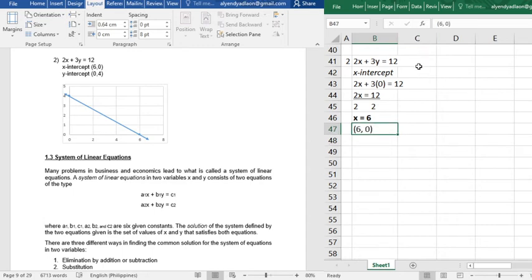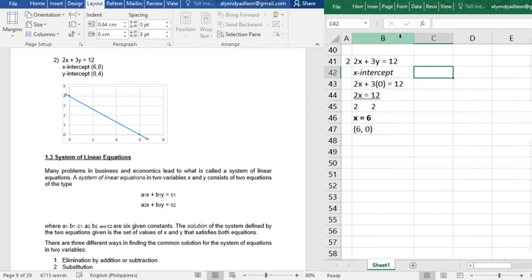Now to solve the y-intercept, we have 2 times 0 plus 3y equals 12. 2 times 0 is 0, so we now have 3y left. So 3y equals 12, divide both sides by 3. So we have y equals 12 divided by 3, that is 4.